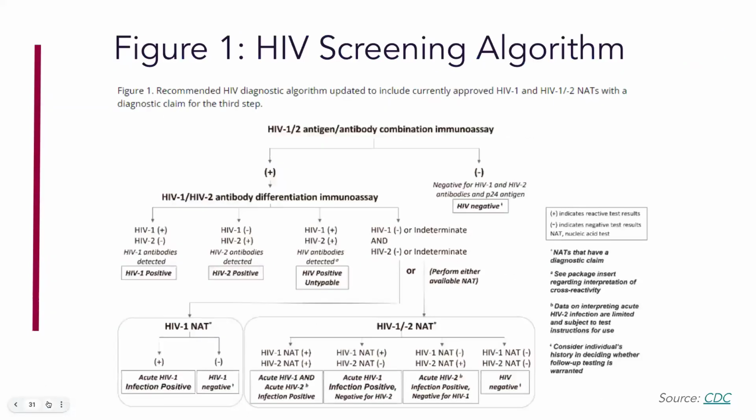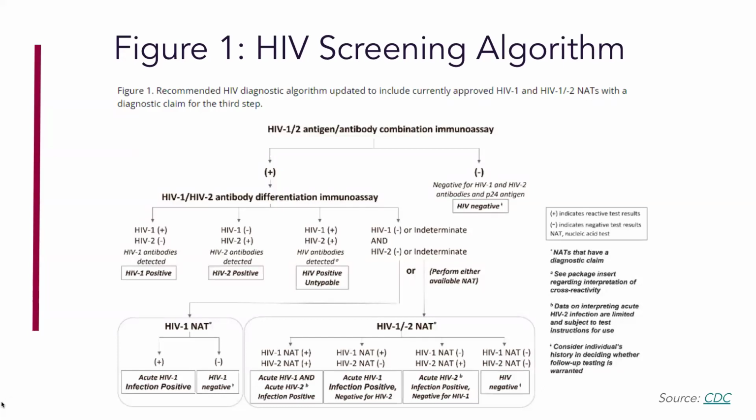Yeah. So now what these subsequent algorithms tell you is basically which test was done second in a given lab. If the antigen antibody test is positive, and the second test is the antibody test, like we just walked through, then the test after that is typically the NAT test.